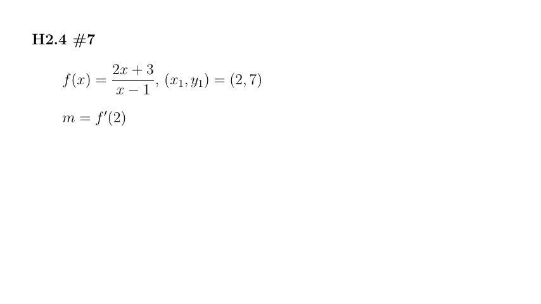So f prime of x is equal to, we're going to use the quotient rule. So we're going to have a fraction here. First thing I would do is square the denominator.